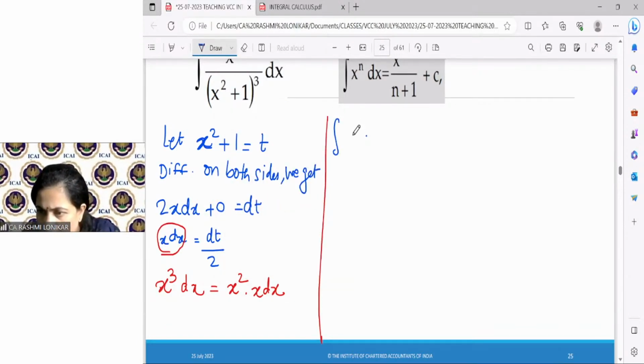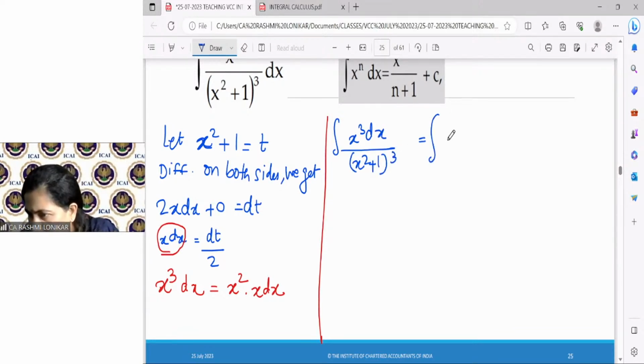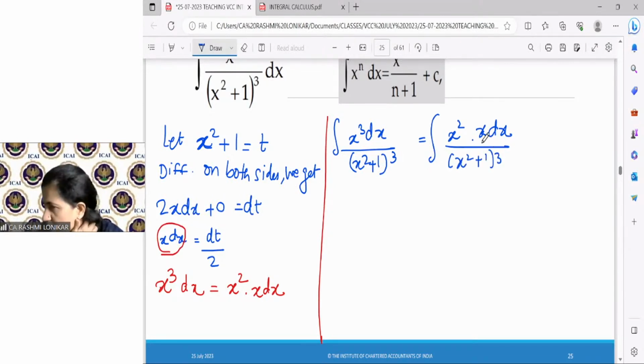Therefore, integral of x cube dx upon x square plus 1 whole cube is written as integral of x square into x dx upon x square plus 1 whole cube. Instead of x dx, what am I going to write? dt by 2.